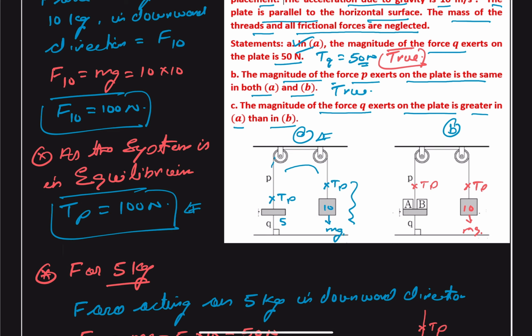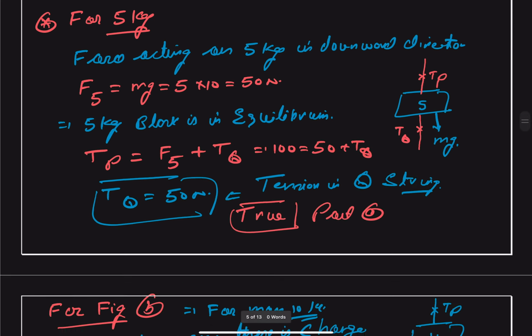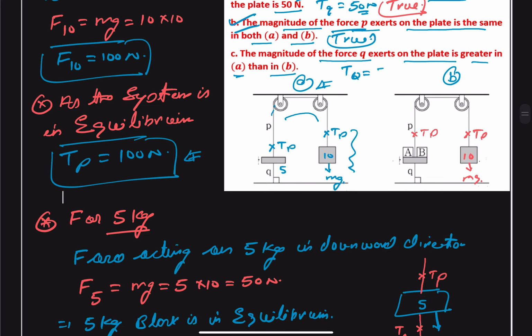And in the final part, it says that the magnitude of force Q exerts on plate A in figure A is greater than in figure B. So which basically means that we previously found out that our TQ was equal to 50 Newton, and in figure B we found out that our TQ prime is equal to 30 Newton. So if you make a comparison from here, we can say our TQ is greater than TQ prime.